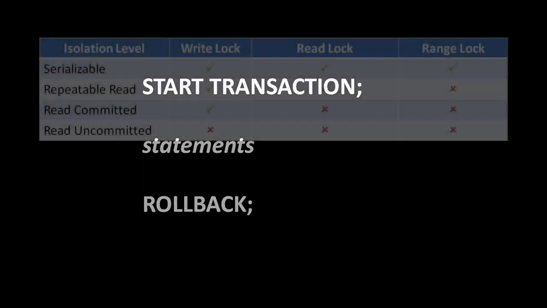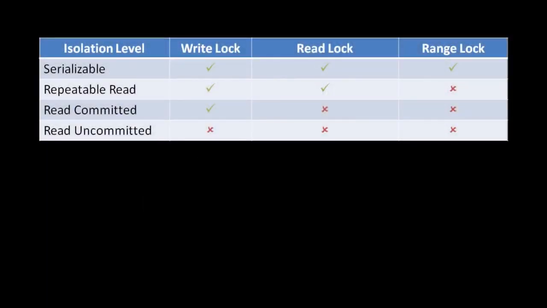So in the SQL standard, there are actually specified 4 different levels of isolation, with at the top the most isolated being serializable, and at the bottom being what's called read uncommitted, which is basically no isolation. What characterizes the difference between these levels of isolation is the locks, if any, which these levels will acquire on the rows of a table in the course of a transaction.